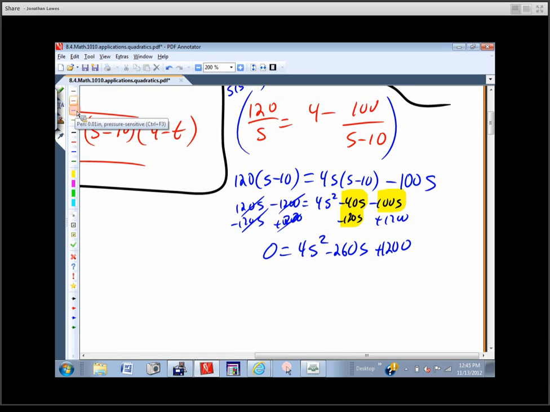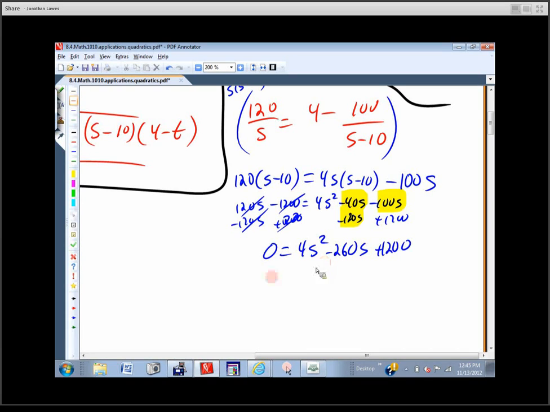Any mistakes? Okay, at this point, it's a quadratic. You can solve it by factoring. You can solve it by completing the square. You can solve it using the quadratic formula. What do you want to use? Not the quadratic formula. Okay, the first thing I'd do is let's make this a little bit easier. Let's get rid of the 4. 4 goes into all of those, doesn't it? It does.